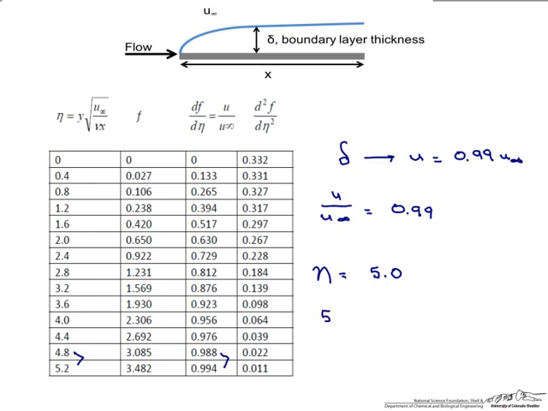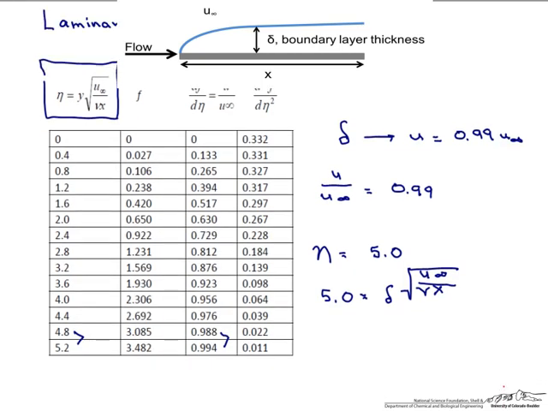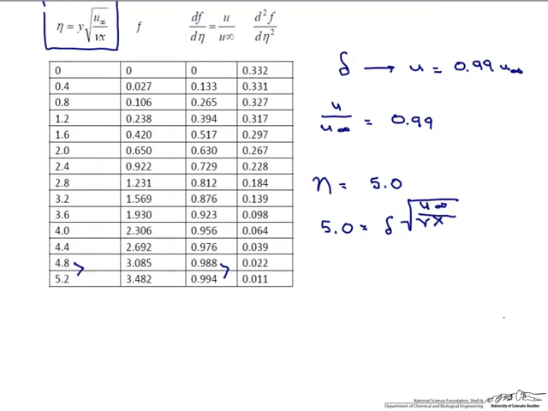That means that 5.0, if we look at what this column means, equals del, because that's where our y is, times the square root of our free stream velocity divided by the kinematic viscosity of the fluid times x, where x is the length along the plate.